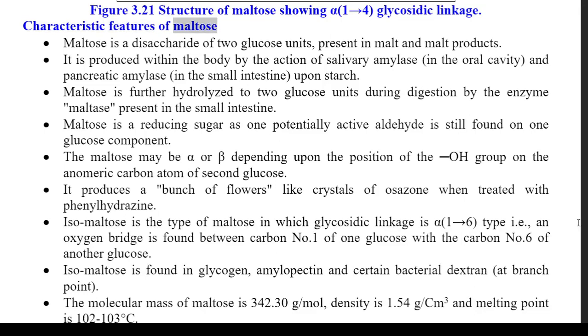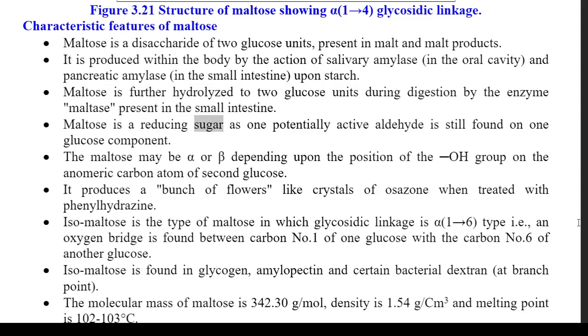Characteristic features of maltose. Maltose is a disaccharide of two glucose units, present in malt and malt products. It is produced within the body by the action of salivary amylase, in the oral cavity, and pancreatic amylase, in the small intestine, upon starch. Maltose is further hydrolyzed to two glucose units during digestion by the enzyme maltase present in the small intestine.